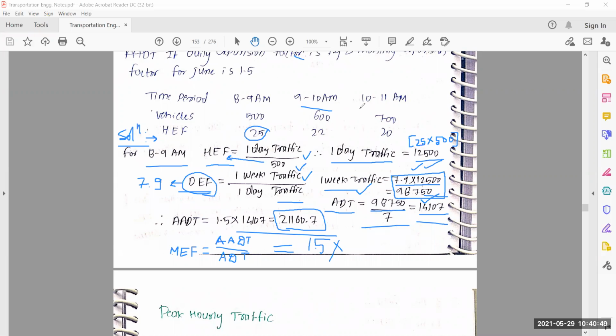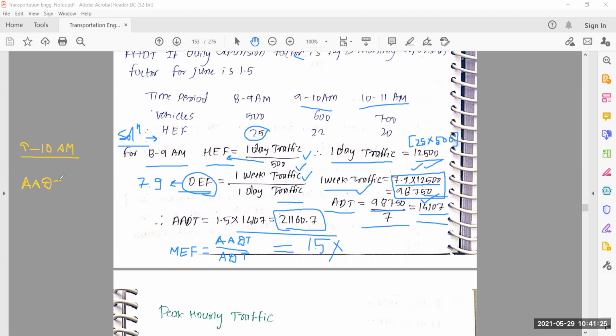From 10 to 11 we find annual average daily traffic. For 9 to 10 a.m., in the same manner we find AADT.